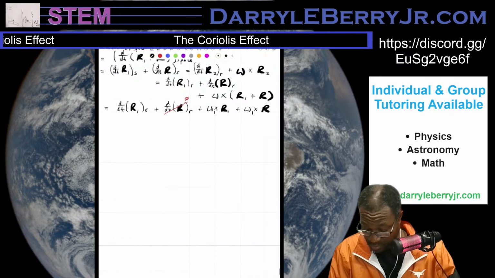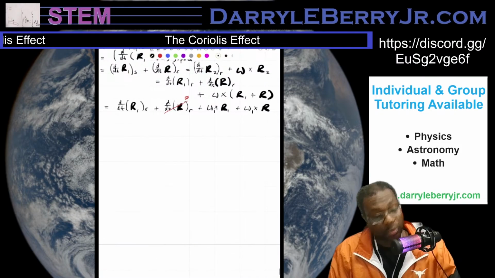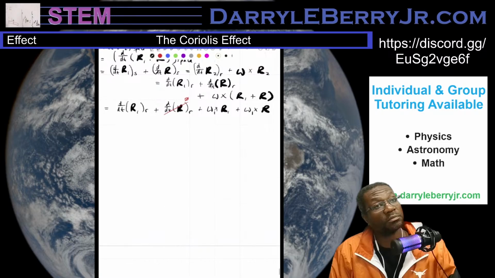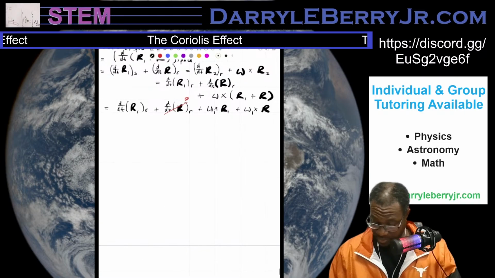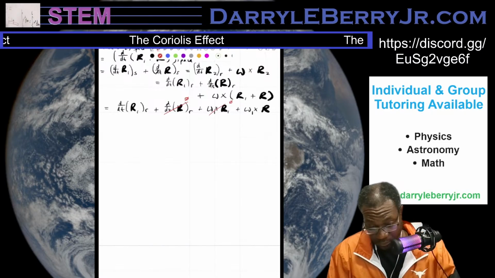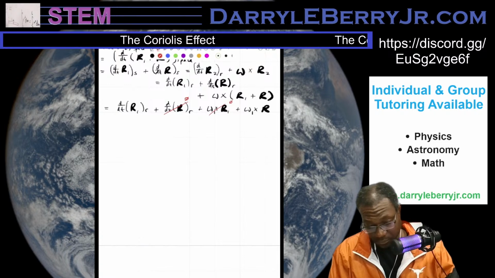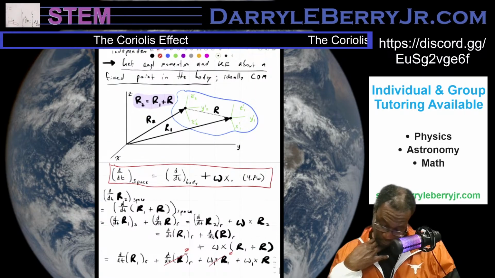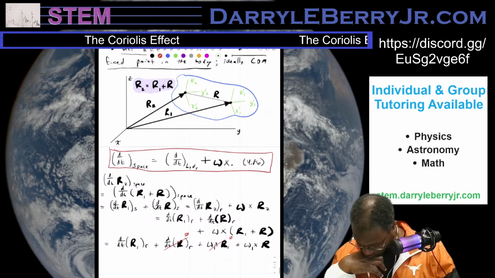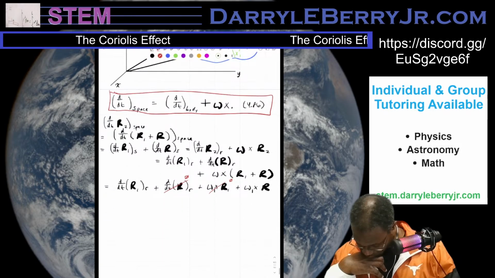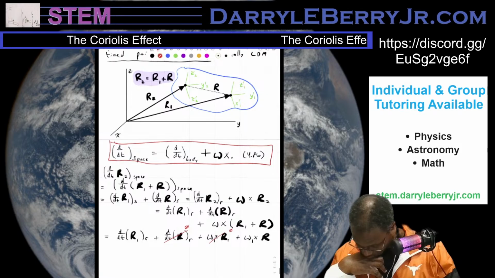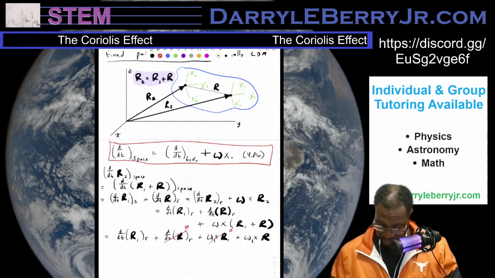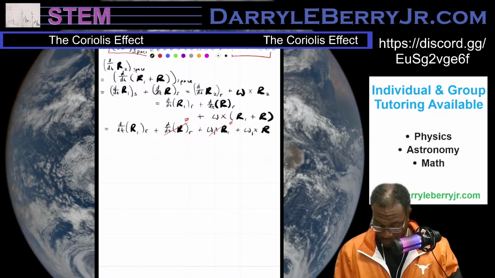Omega 1 cross R1. So this should be zero since they're going in the same direction. I'm not sure where the R1 goes there.